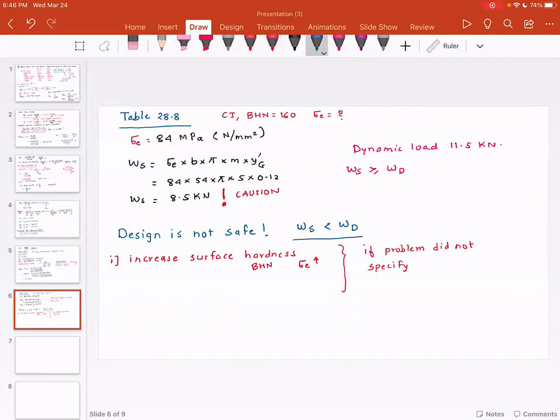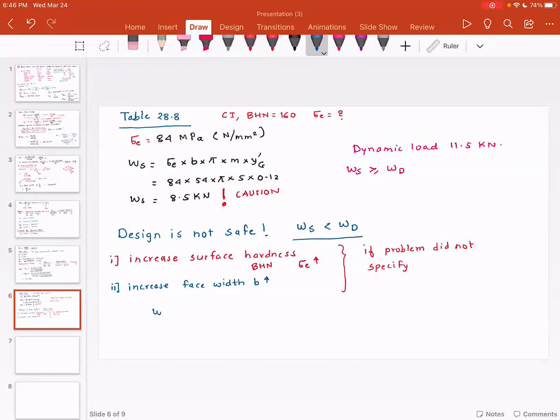The second option is to see if we can increase face width. So can I increase value of B? Now, what happens when we increase the value of B?